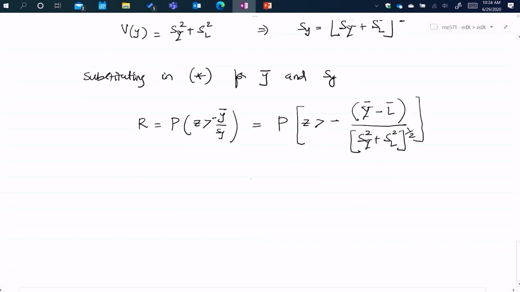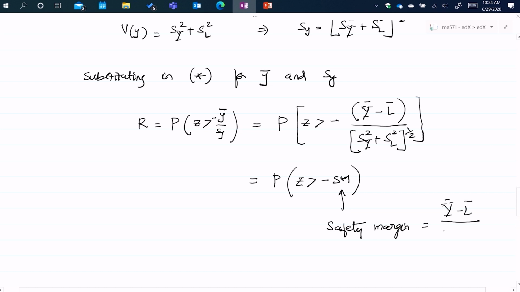And that is nothing but, by definition, the probability that z would be greater than negative of safety margin. And that's defined as Y bar minus L bar divided by s sub Y squared plus s sub L squared raised to the power 1/2.